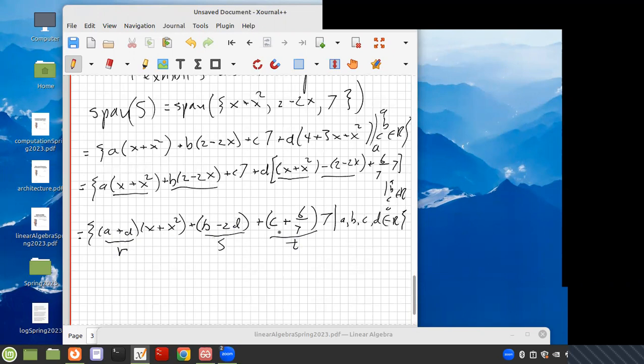I could choose A, B, and C to be anything I wanted, right? Let's say I want the coefficients here to be some fixed numbers, R, S, and T. Well, I can choose A to be R, B to be S, and C to be T, or C to be C plus 6/7, and then choose D to be 0.